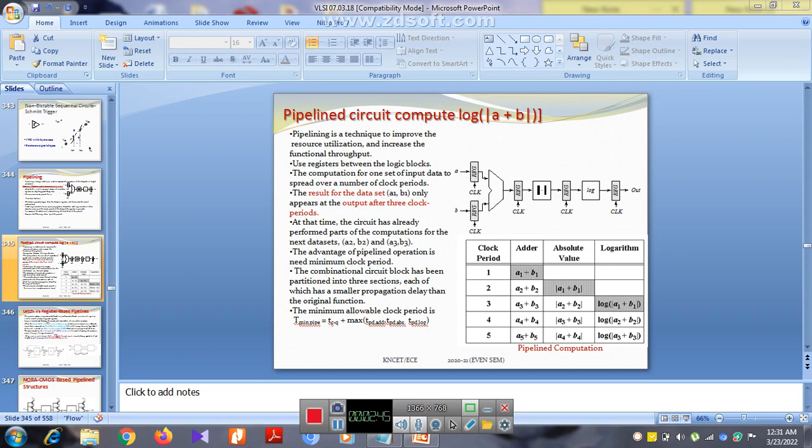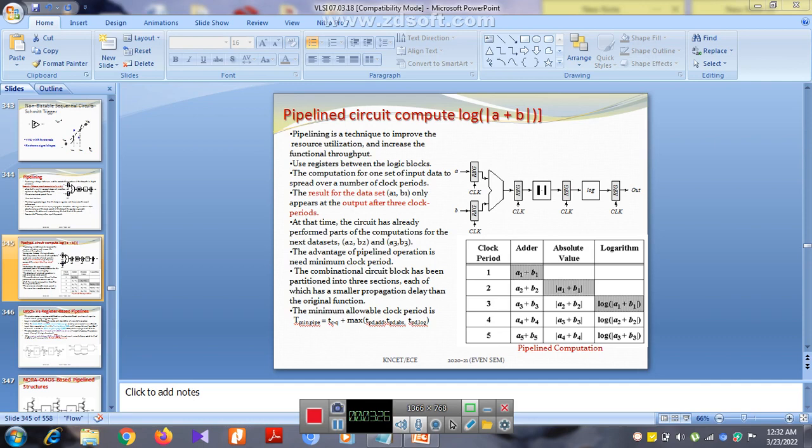All the T PD are the worst case of the combinational circuit. First the adder is activated by the clock cycle, and afterwards the absolute value, then the logarithmic value, so that we get the final value as log of modulus A plus B modulus.